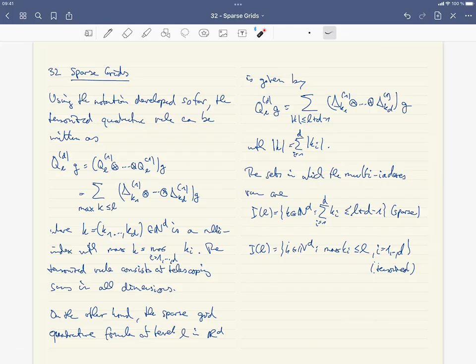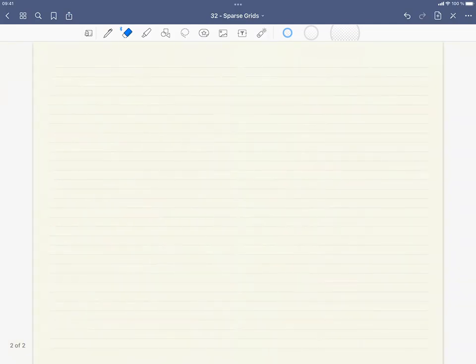If we look at D equals 2 and L equals 4, I'm going to start writing this example here. Well, let's put this on the next slide, so I want to draw some pictures. Example: D equals 2 and level equals 4.